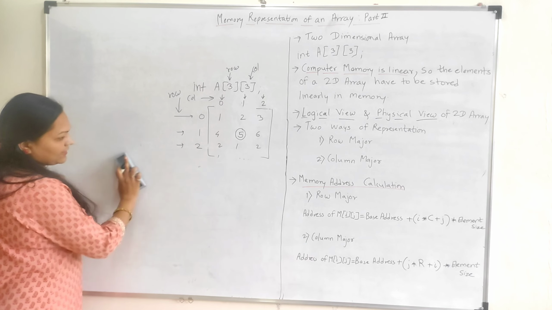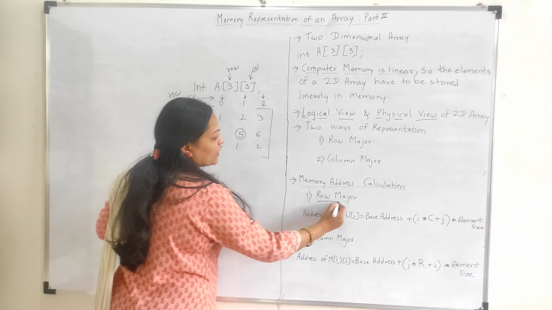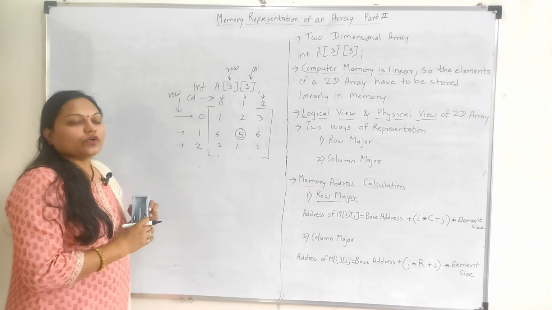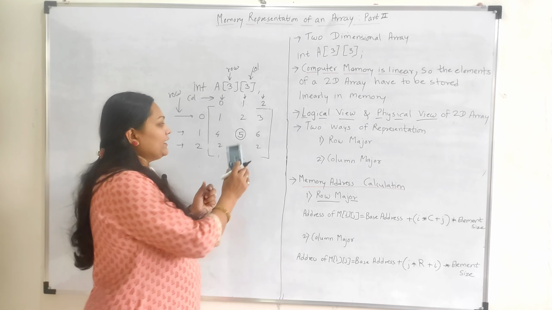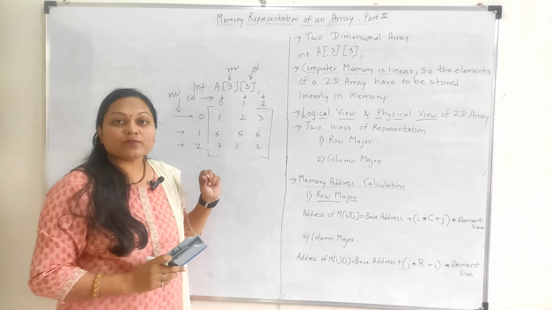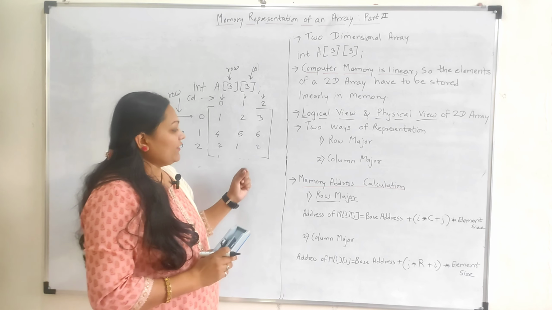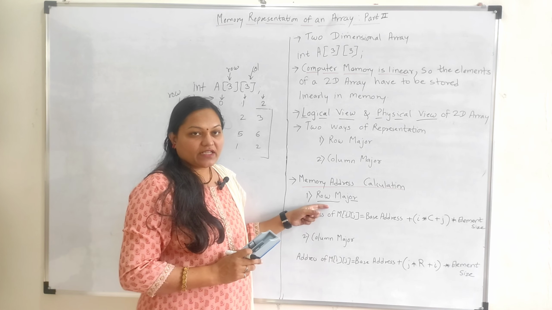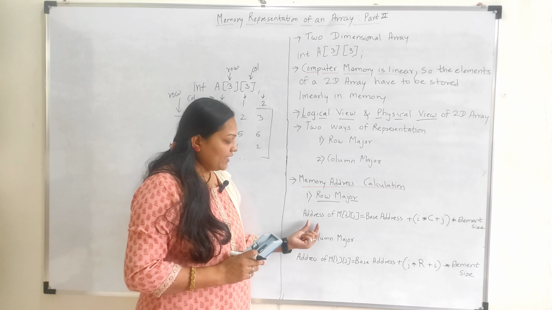We will take the same example. Let's take row major first. If we want to calculate the address of the element at a specific index in a row major representation, how can we calculate it?